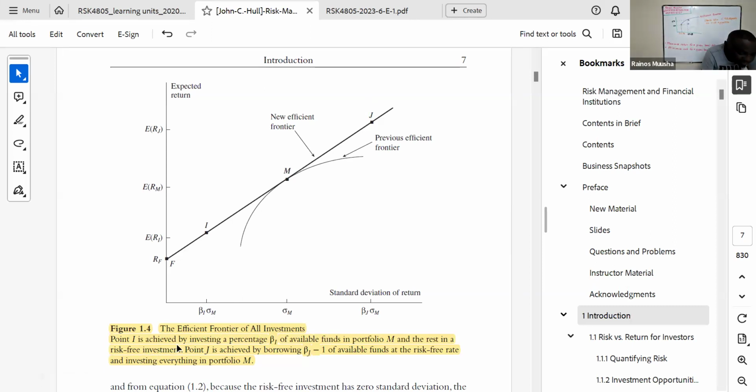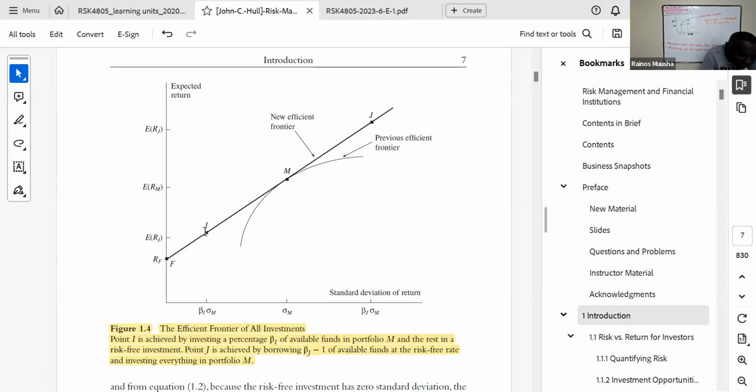So invest a certain percentage of your portfolio in a portfolio which is found along the tangent point from the previous portfolio efficient frontier, and you invest the rest in a risk-free asset there. This is how you're going to be able to find yourself along this particular point.